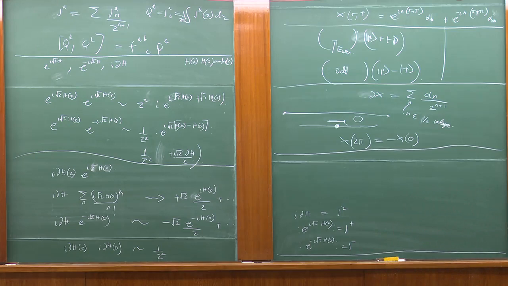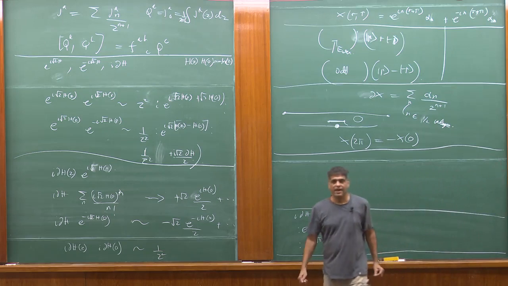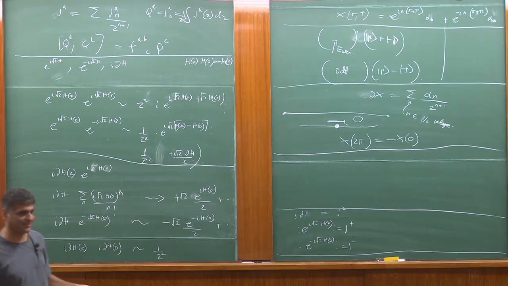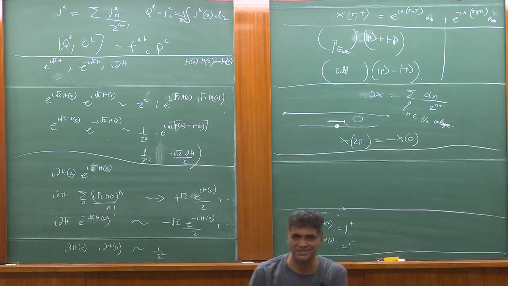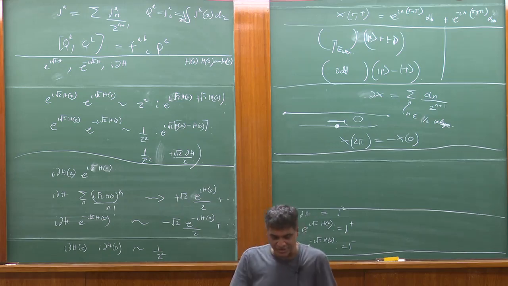Okay. Now there is one thing that we need to do. I told you what the spectrum was in the untwisted sector, the sector where you didn't have funny boundary conditions. That is fine. But the question that arises is, what is the spectrum in the twisted sector?